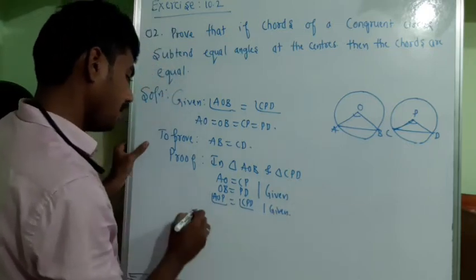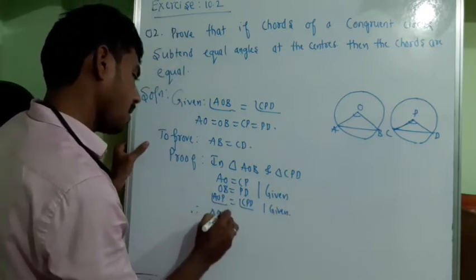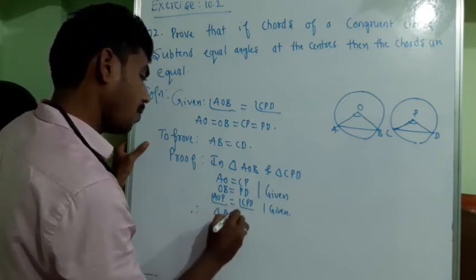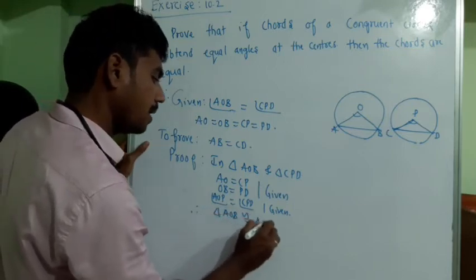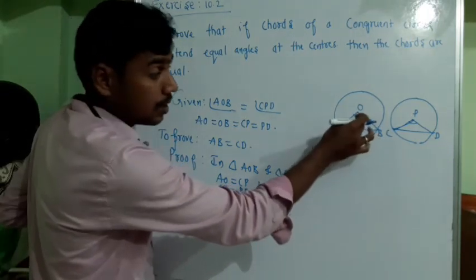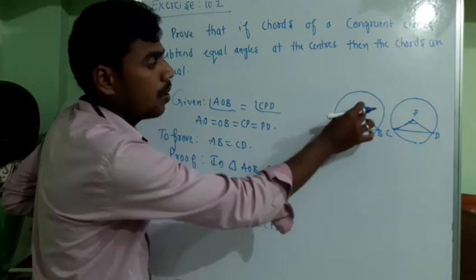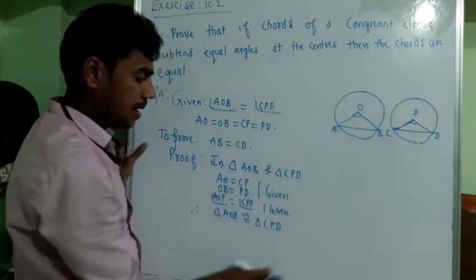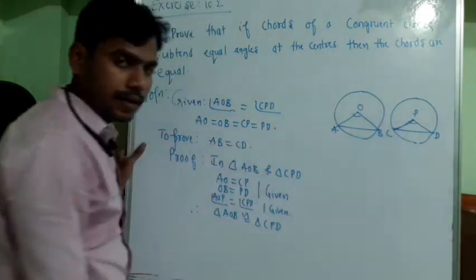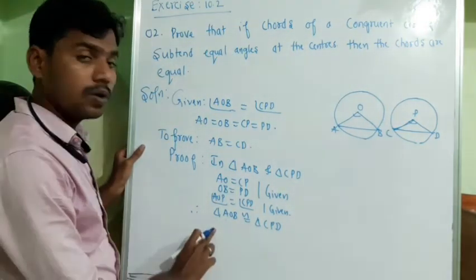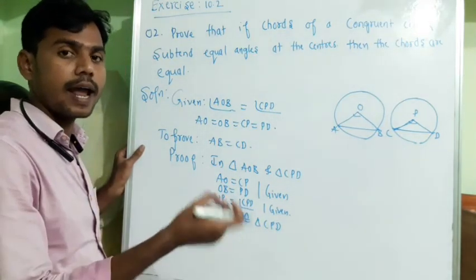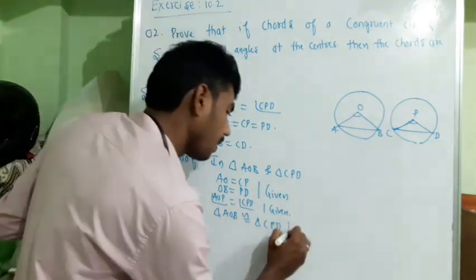Therefore triangle AOB is congruent to triangle CPD. Why? Because two sides and the included angle of this triangle AOB and two sides and the included angle of the other triangle are equal. That is the reason both triangles are congruent by SAS, side angle side criteria.